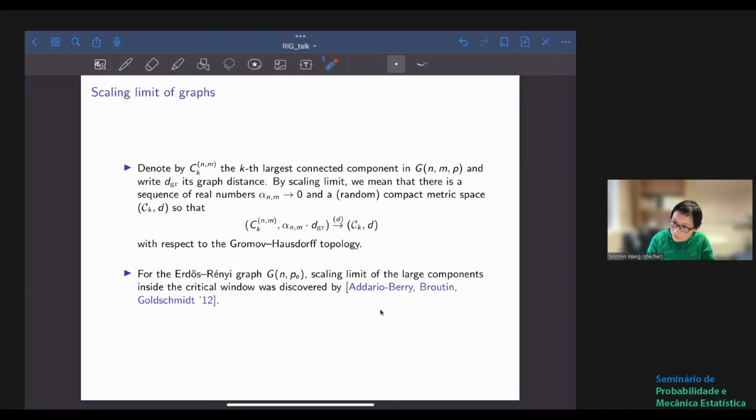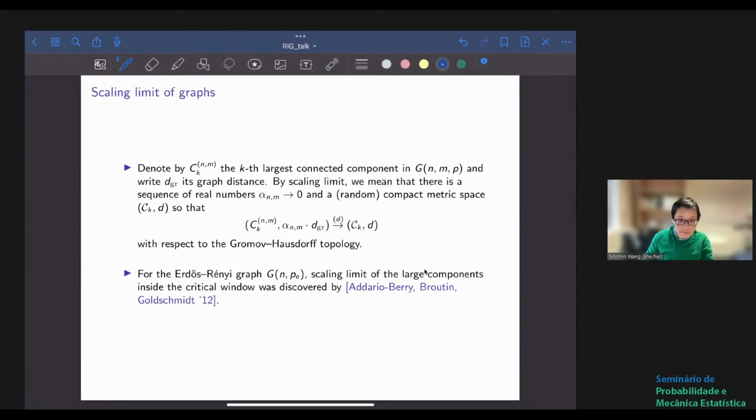Hopefully you will find a limit object so that this random metric space converges to it. Here I'm talking about convergence of metric spaces. There's a natural notion of topology for that, called the Gromov-Hausdorff topology. I'm not going to introduce that topology because we don't exactly need that definition for the rest of the talk.